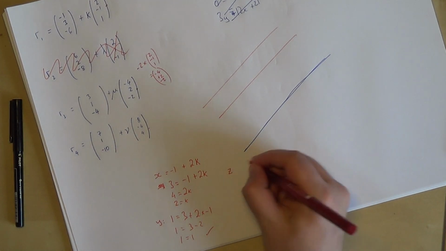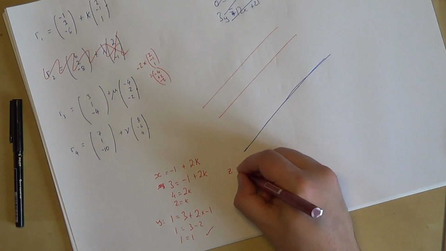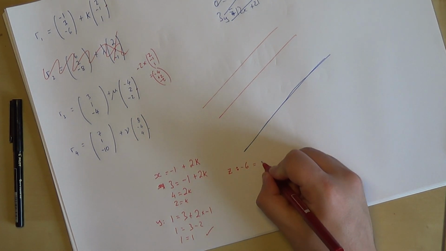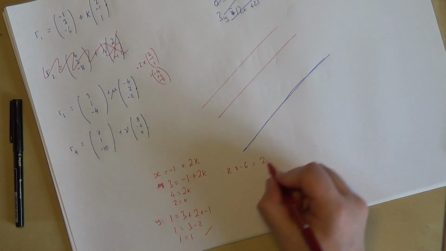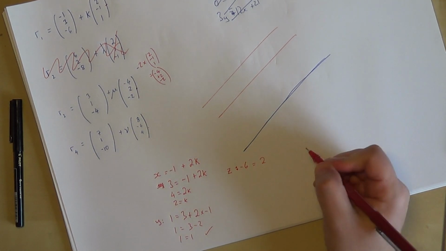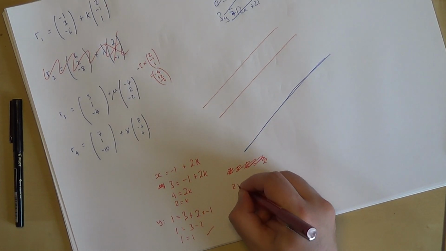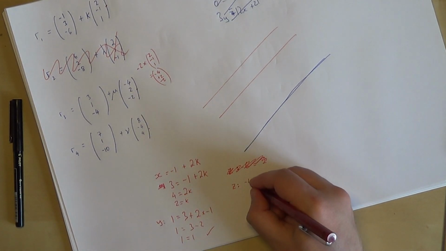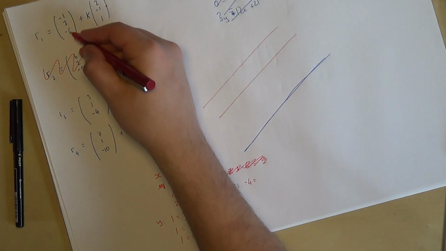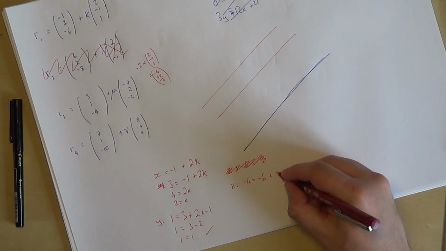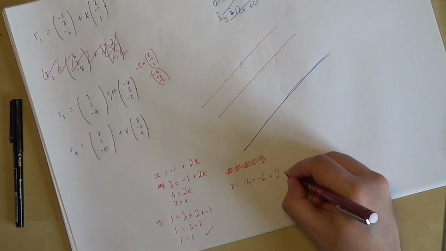So what about the z value? So we're going to get negative 6 is 2, because it's the same kappa. What am I talking about? That is just wrong. Apologies. For the z value, we're trying to get to negative 4, which we're going to get to by doing negative 6 plus kappa, which is 2, lots of the z value 1.